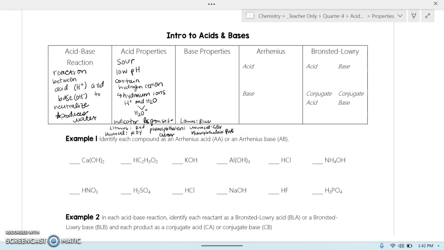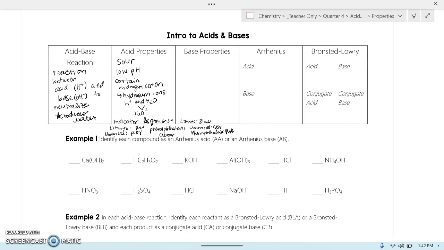If something is neutral, it will be purple from litmus paper because it has kind of both acid and base properties present, because a neutral compound has H and OH. So litmus paper will turn purple, universal indicator will be around green, and phenolphthalein will stay clear.